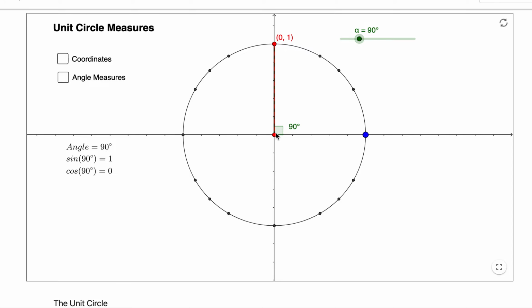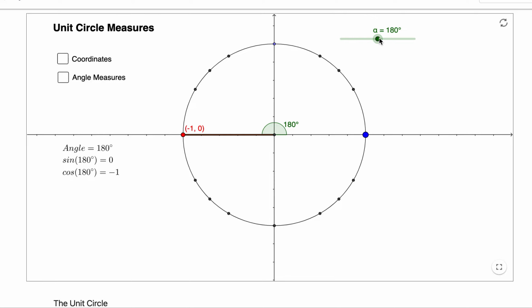So if the angle's 90 degrees, sine of 90 degrees is 1, because that's the y-coordinate. Cos of 90 degrees is 0. And you can do this for all the multiples of 90 degrees. So at 180 degrees, the point on the unit circle there has coordinates (-1, 0). So cos of 180 is -1. That's the x-coordinate. Sine of 180 equals 0.